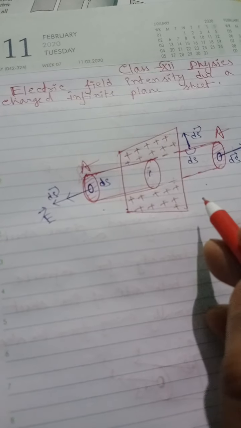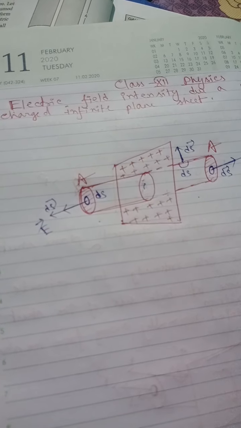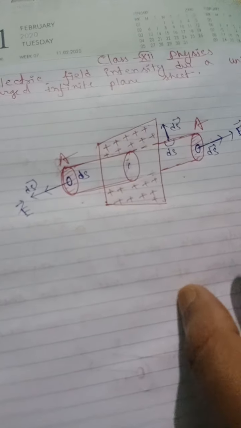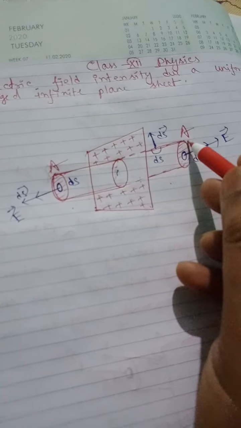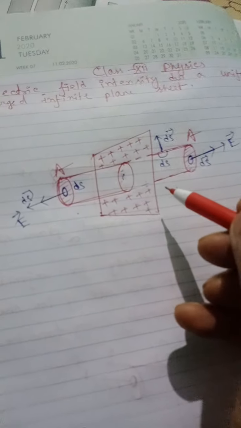Now, as we calculate the electric field intensity by using Gauss's theorem, on the sheet at first we take one Gaussian surface. How?